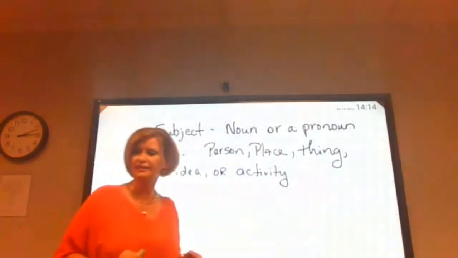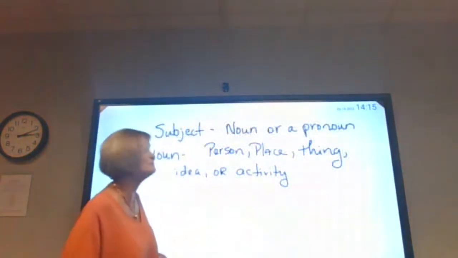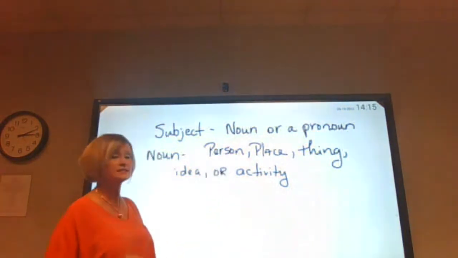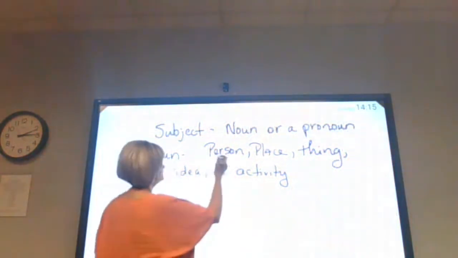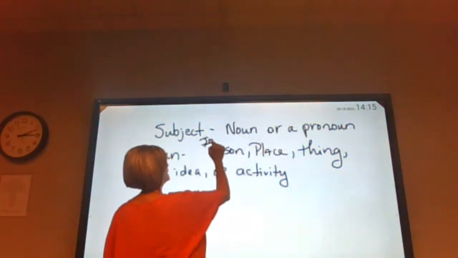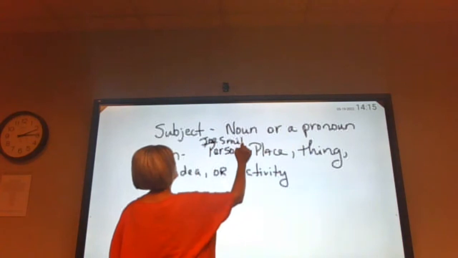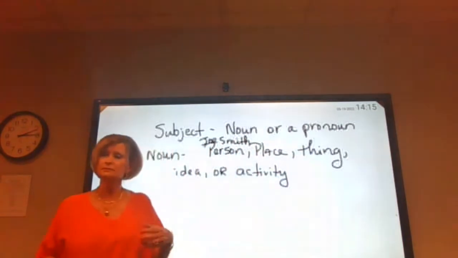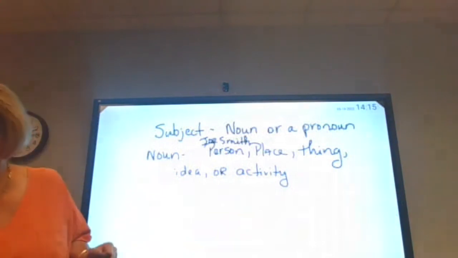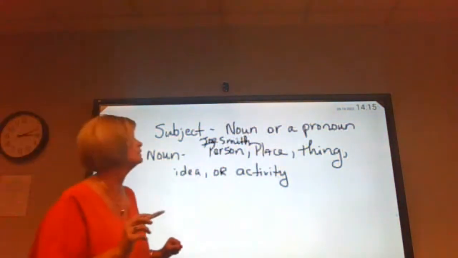So somewhere along the way, I think activity got added, but I always was taught person, place, thing. Okay. So when we're dealing with a person, and if there is a person's first and last name, like Joe Smith, you would always obviously pick the first and the last name. Is this the one that you're looking for? Yes. What page is that? 486.